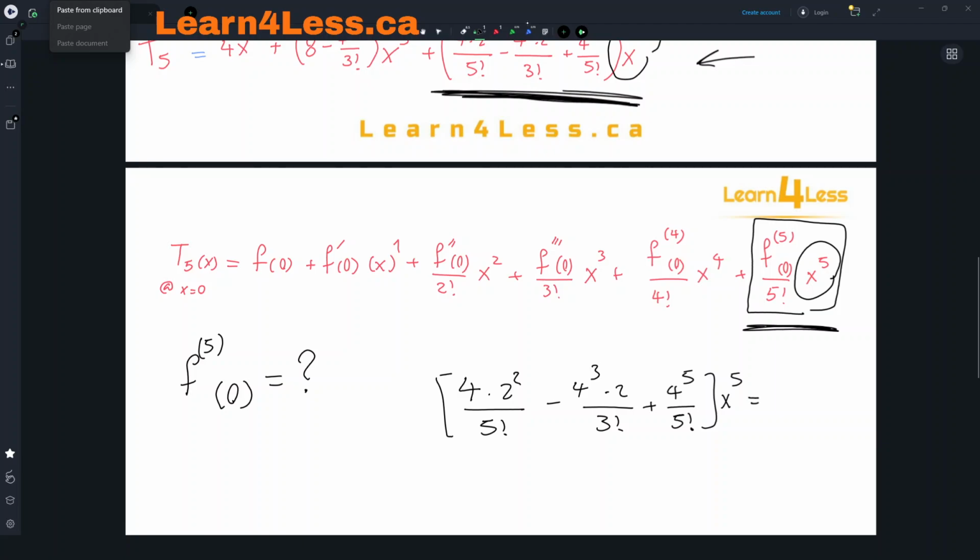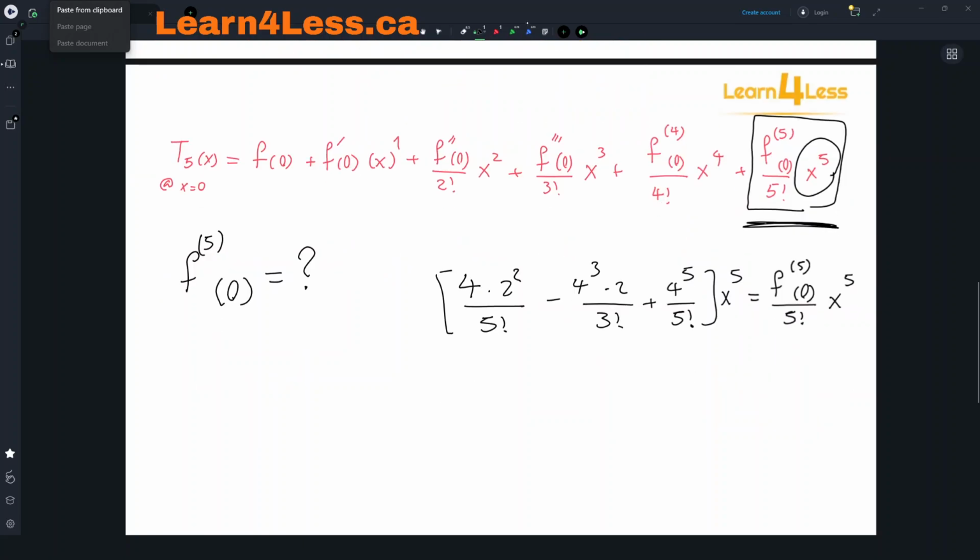I set that equal to the fifth derivative at 0 over 5 factorial times x to the power of 5. These two are exactly the same things, so I can just cancel these two. The coefficients should match each other.